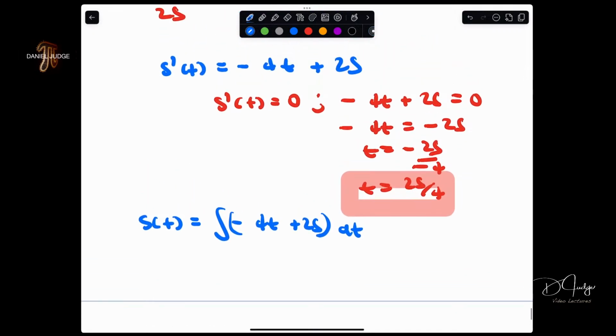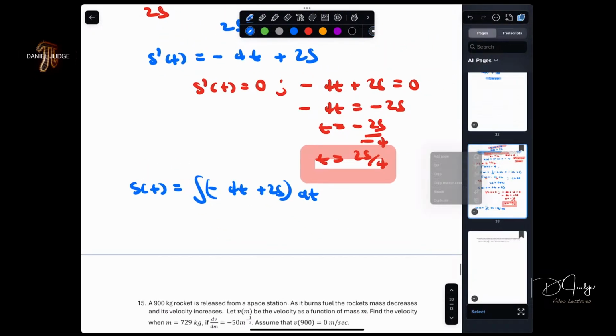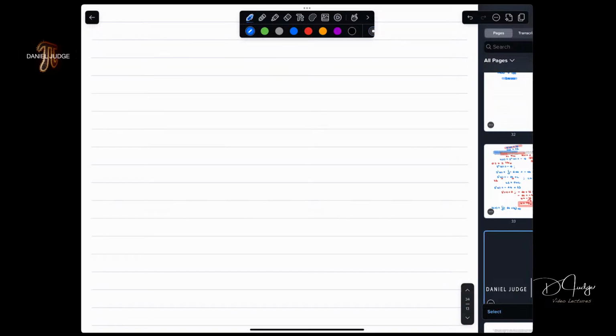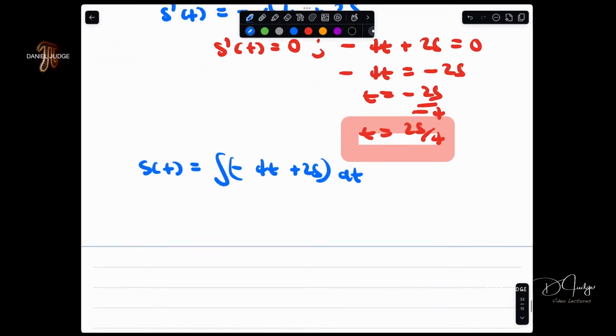Okay, let's add a page. And as you guys can see, again, it's going to be from 0 to 25 fourths again.